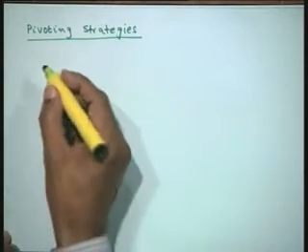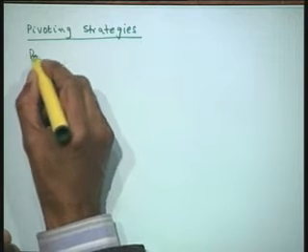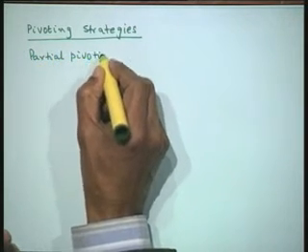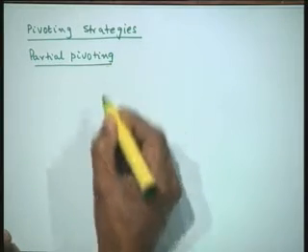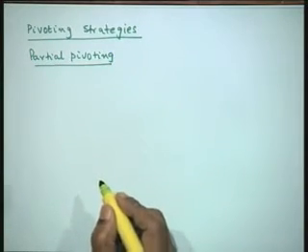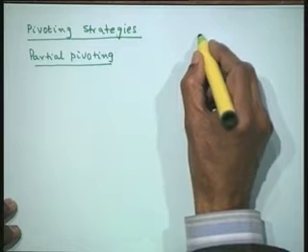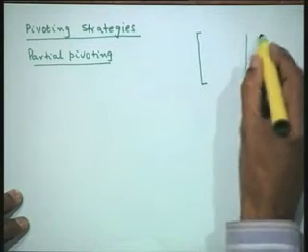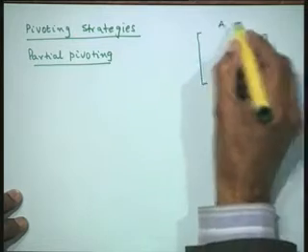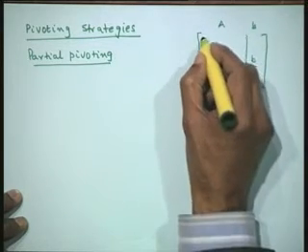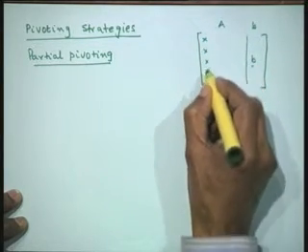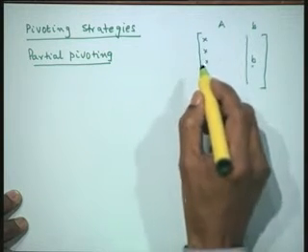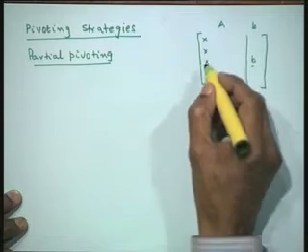The first procedure that we shall use is known as partial pivoting. What we do in this procedure is, when we have our system of equations and the augmented matrix constructed out of it as A B, in the first step I take all the elements in the first column, find the largest element in magnitude and bring that as a pivot.